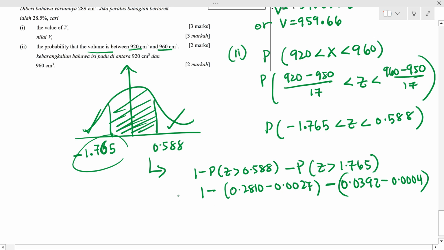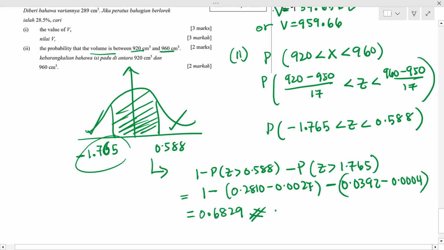Okay, and then get your answer. And the final answer should be 0.6829.